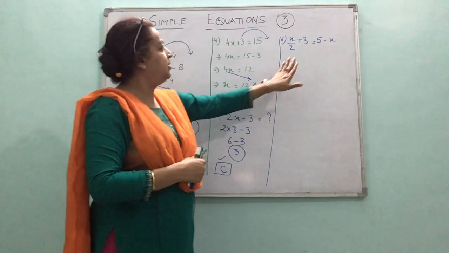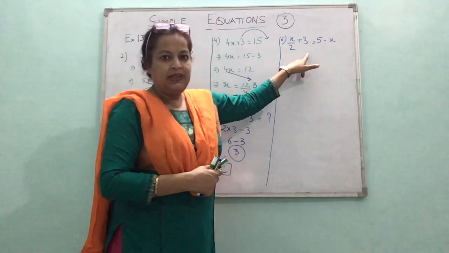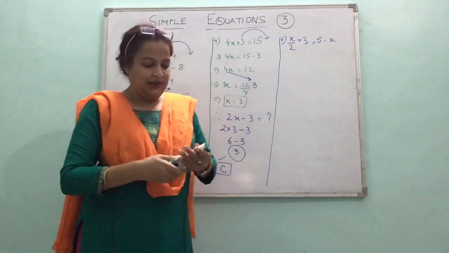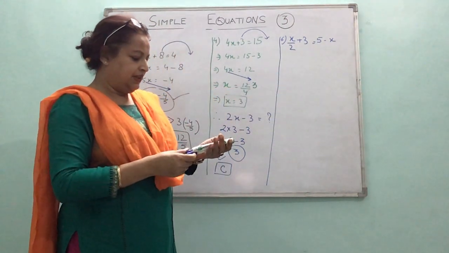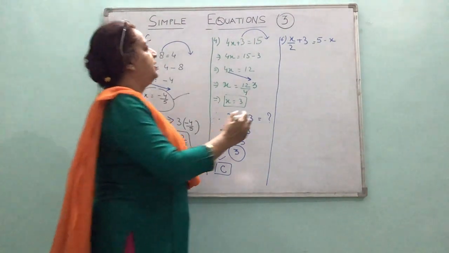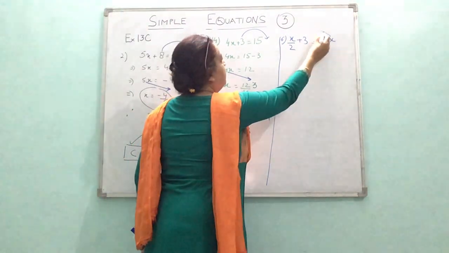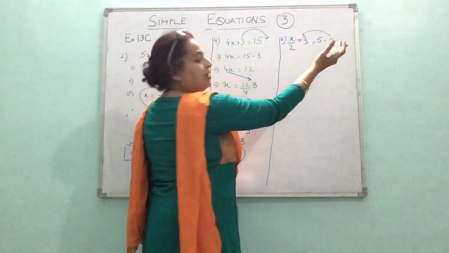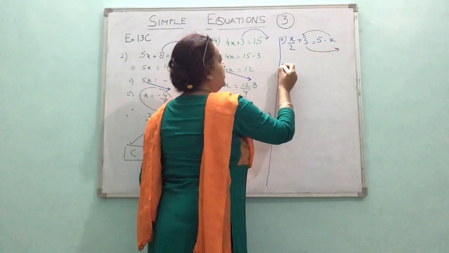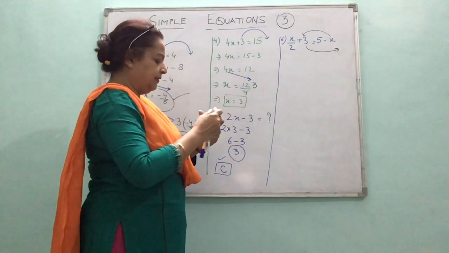So in the variable terms, I'll bring x to this side and constant 3 to the other side, okay? So let's shift it. So I'm shifting it. x would be brought to this side. When it is brought, the sign changes, and 3 would be taken to the other side, the sign changes. So what happens?